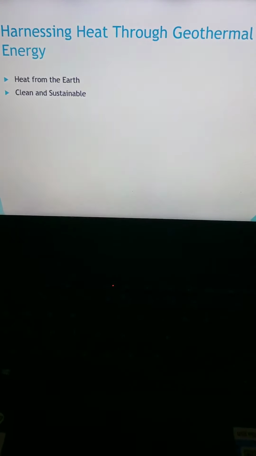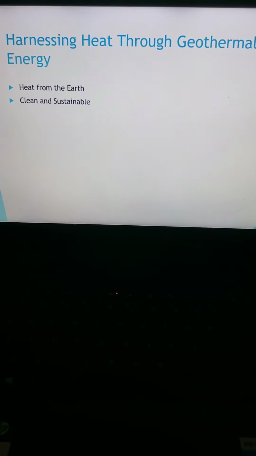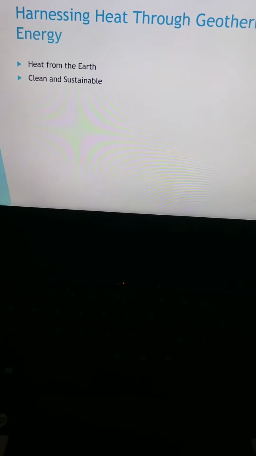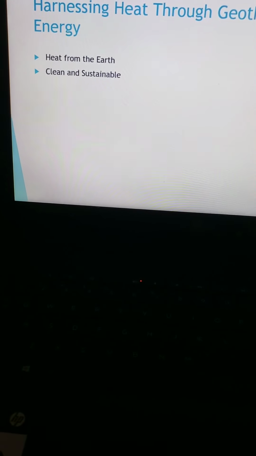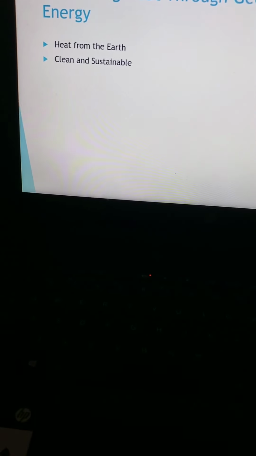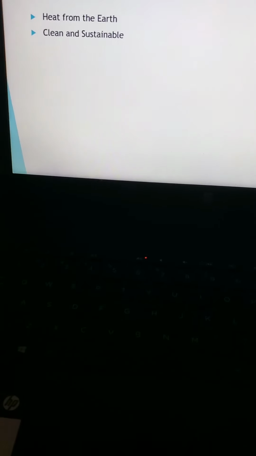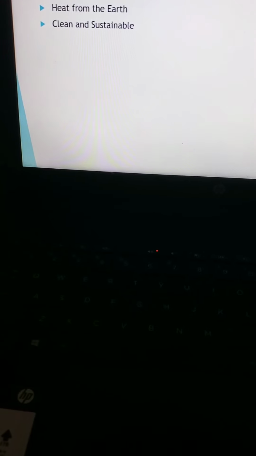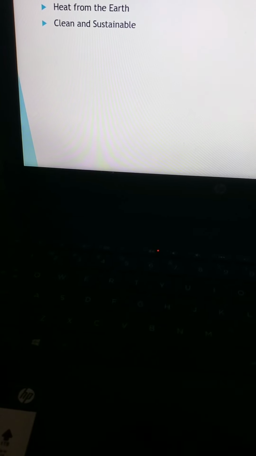Geothermal energy is heat from the earth and it's clean and sustainable. Geothermal energy is generated within the earth and can be harnessed in many ways, which would be geothermal heat pumps, geothermal hot water, and geothermal hot dry rocks.